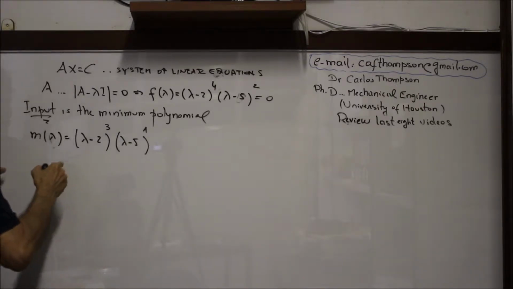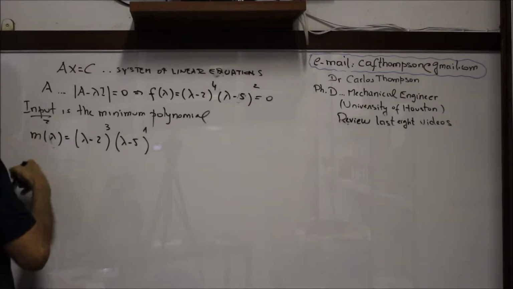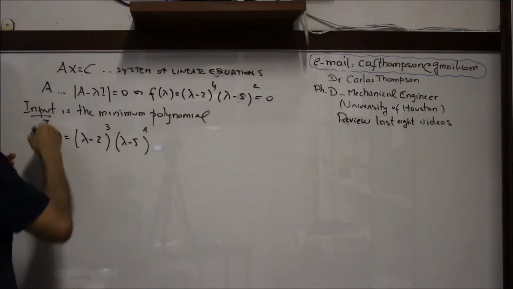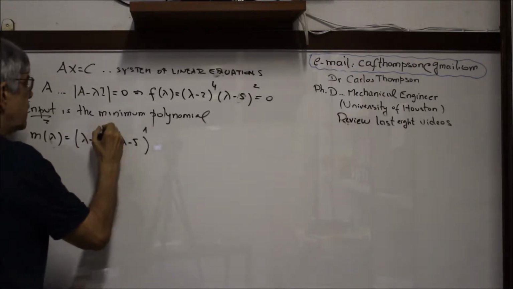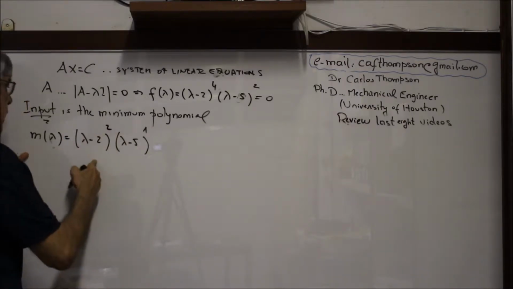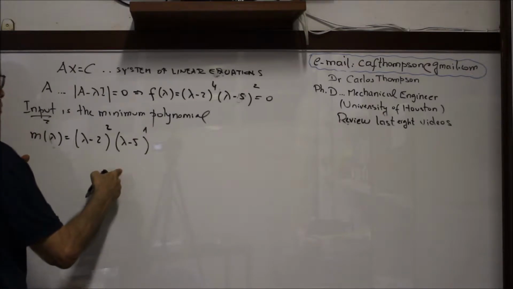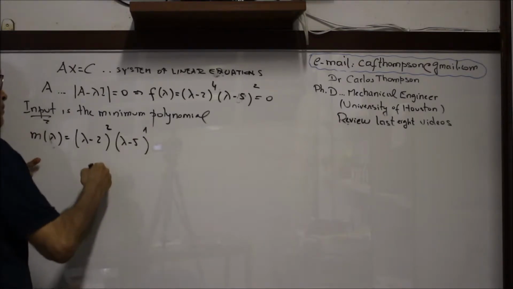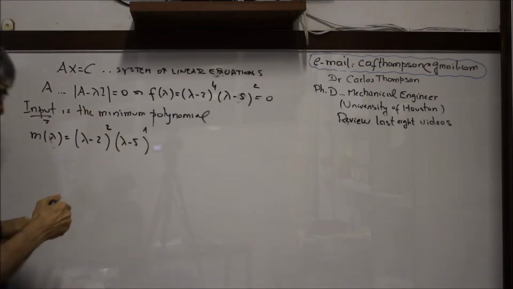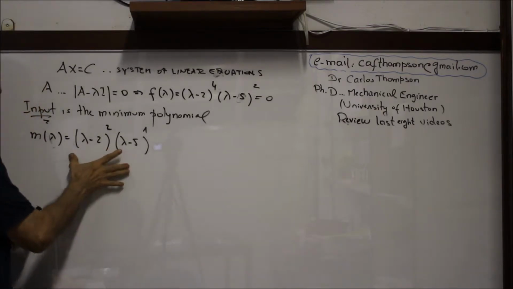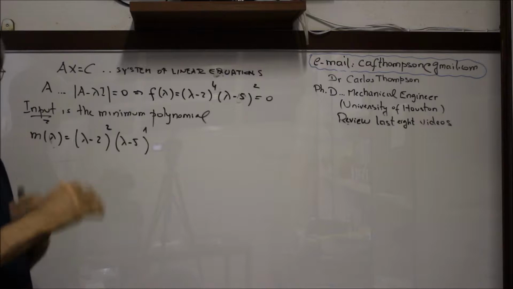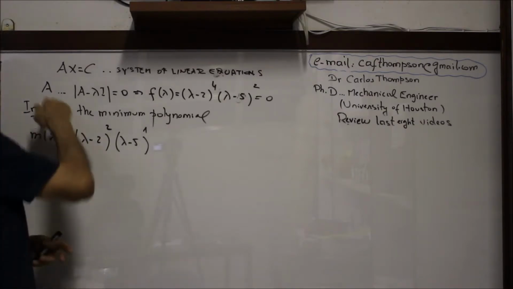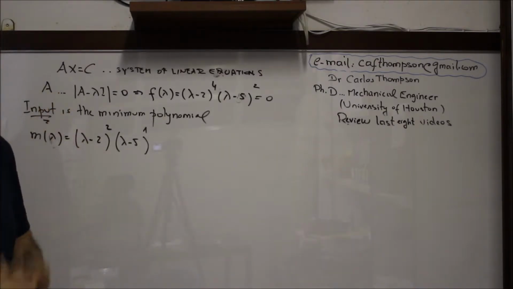Now suppose I work with another minimum polynomial as input. This one came from another matrix A. Every time I write different minimum polynomials, they correspond to different A.